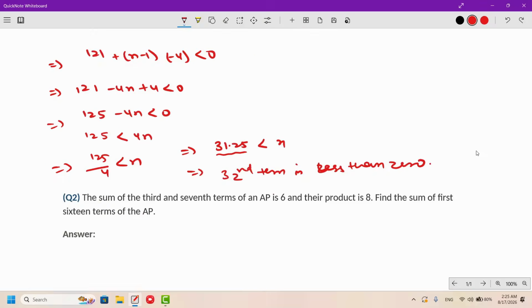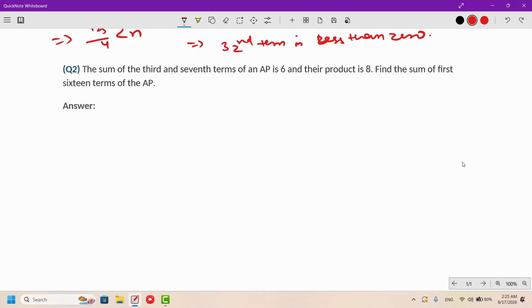Now let's move towards the second question. The sum of the third and the seventh term of an AP is 6, and their product is 8. So A3 plus A7 equals 6. What does it mean?